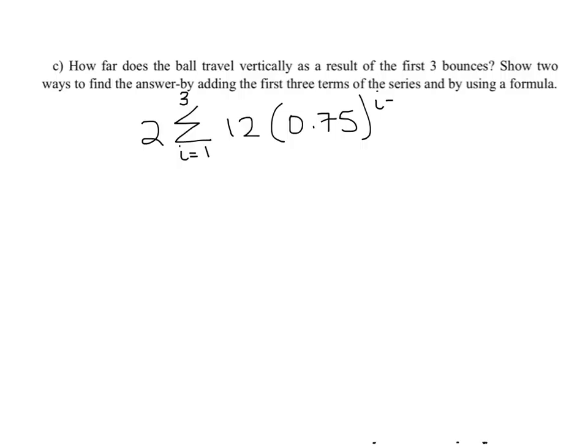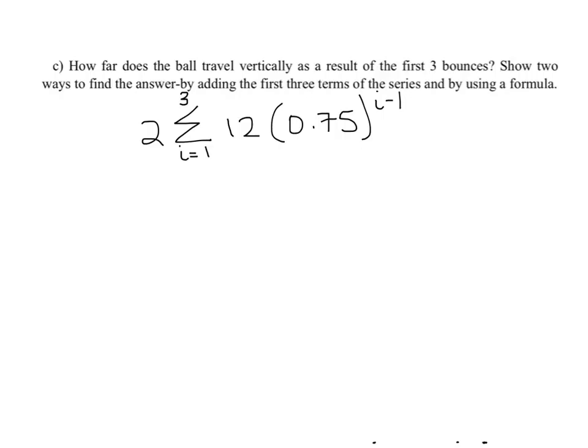Now, they actually want you to do this 2 different ways. They want you to find the first 3 terms and add them together. And then they also want you to use a formula, because there's a nice quick little formula that'll do this fast.